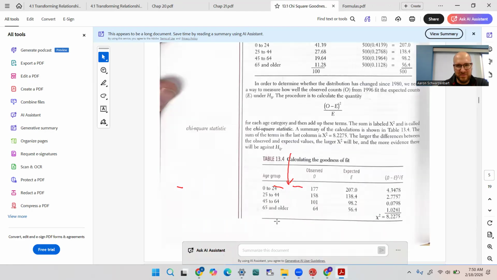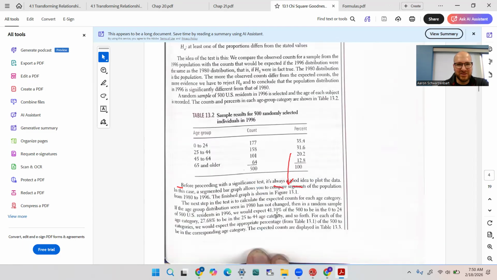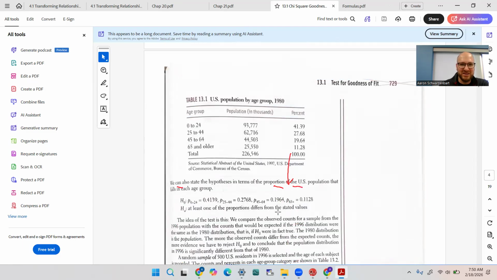So what was H naught and HA? Okay, H naught is always for chi-square, and this is the goodness of fit test. We'll do the other one tomorrow, but it's that it fits the distribution, that the actual values fit the expected values.